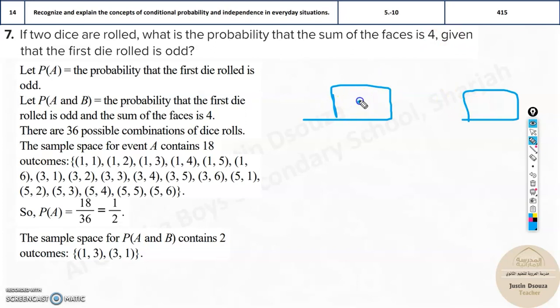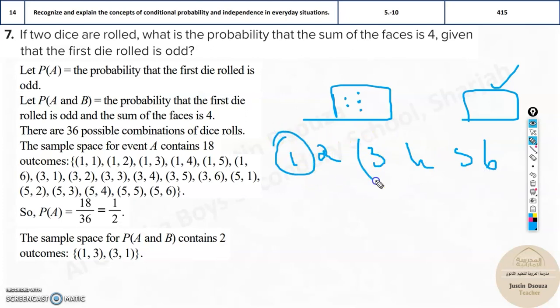The first can be either 1, 3, or 5. You have totally 6 possibilities, 1, 2, 3, 4, 5, 6. You are just reducing it to odd numbers, 1, 3, 5. So it is half the possibilities.